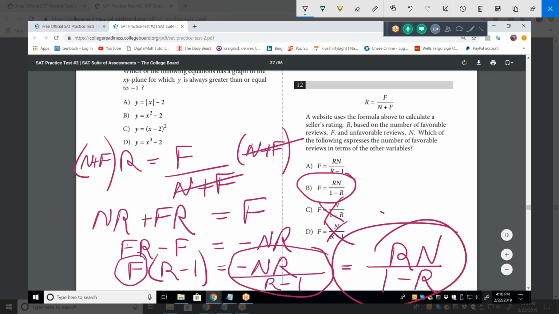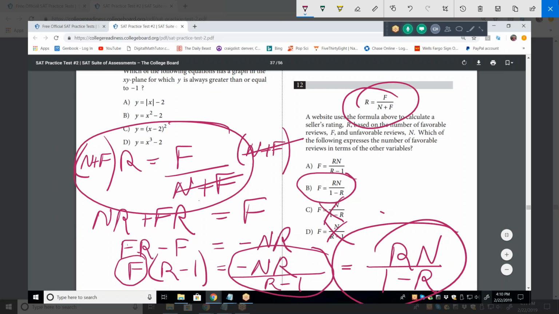So again, this is a fabulous problem because it has like 4 different parts of algebra to it that are each very, very important to know. Getting rid of denominators, that first step.